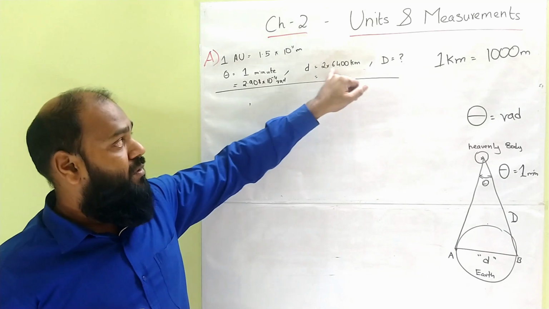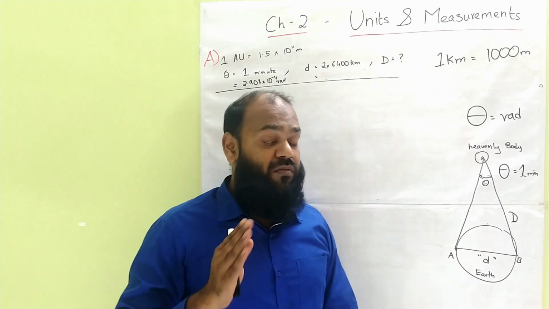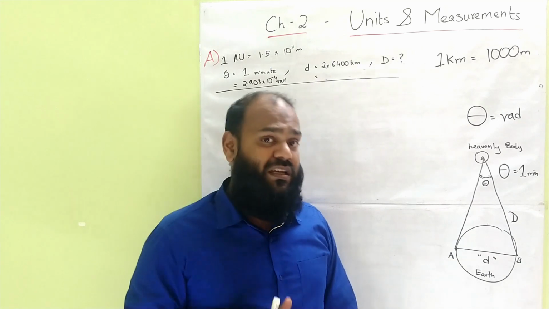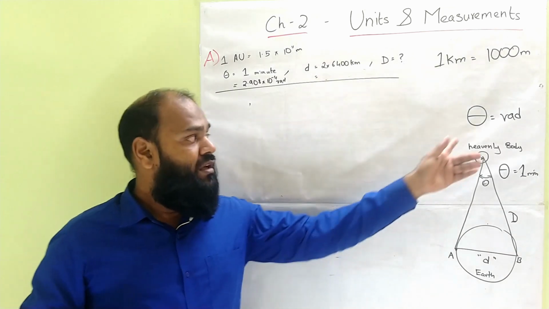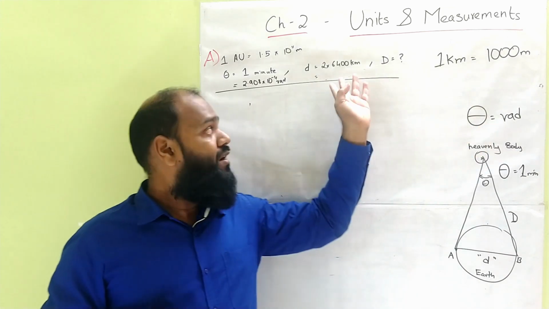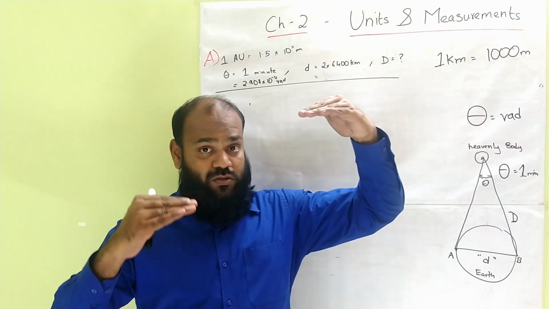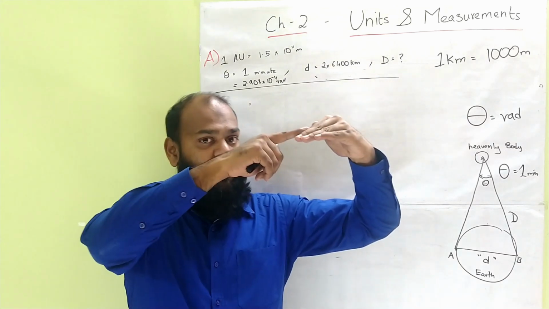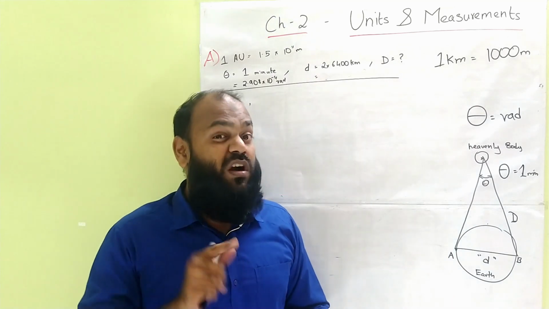Now look at this example. It is given as 6,400 kilometers, but we need to solve our problem in terms of meters. That's how the problem is. You need to convert theta into radians and distance into meters. So it is given in kilometers. Kilometer is a higher unit, and meter is a smaller unit. So converting from a higher unit into a smaller unit, I need to multiply. But multiply with what number?